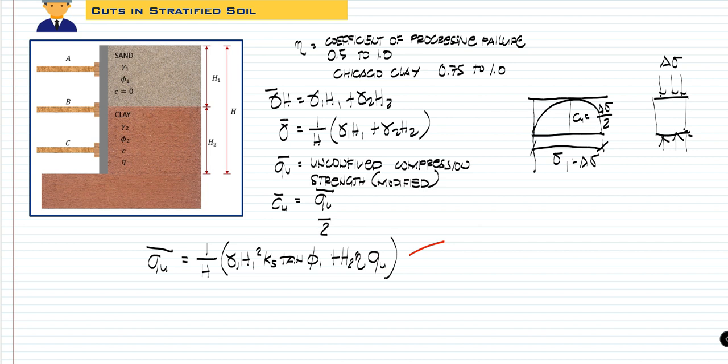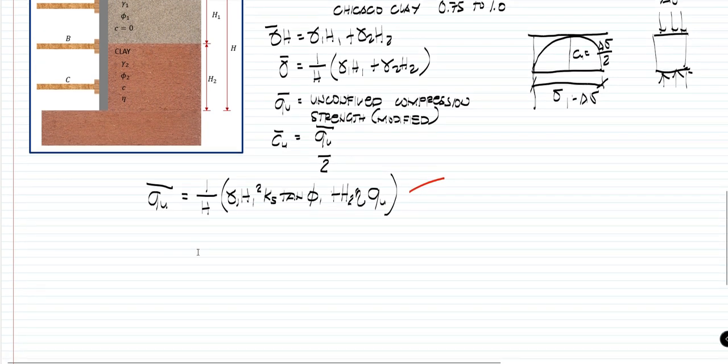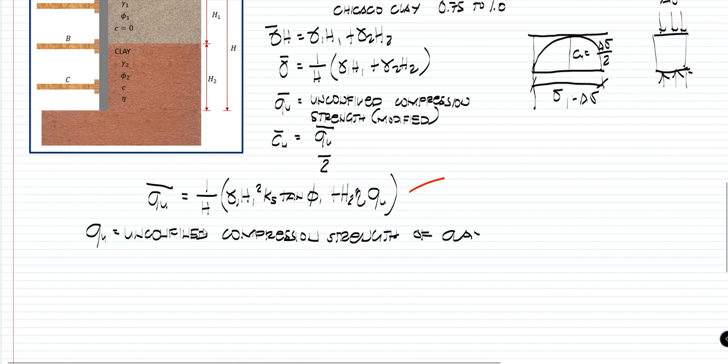So, ngayon, ang hindi lang natin alam dyan, what is Ks? Kasi alam natin na yung eta, alam na natin yung Qu. So, iba si Qu bar kay Qu. Si Qu, yan yung unconfined compression strength lang ng clay. Then, ang wala lang dyan is yung Ks. Si Ks, as a designer, tinitake natin to as 1.0 for design purposes.